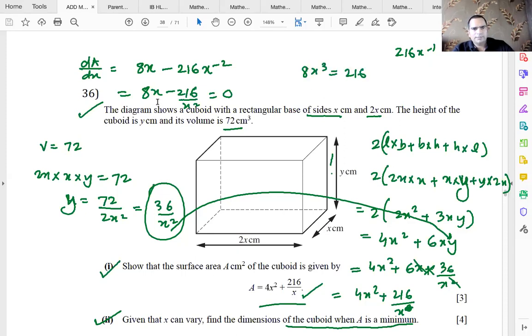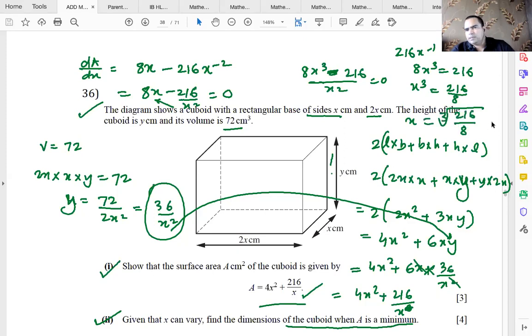If I take the LCM, it'll be 8x cubed minus 216 over x squared equals 0. So you'll get 8x cubed equals 216, and x cubed equals 216 over 8, and then you find the cube root of 216 over 8, which is nothing but 6 over 2, which is 3.